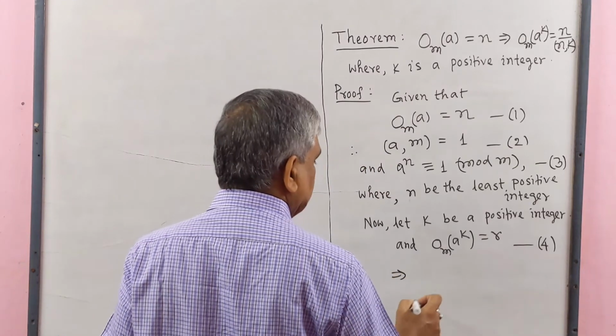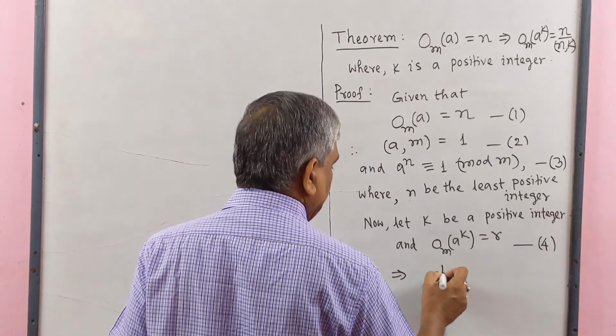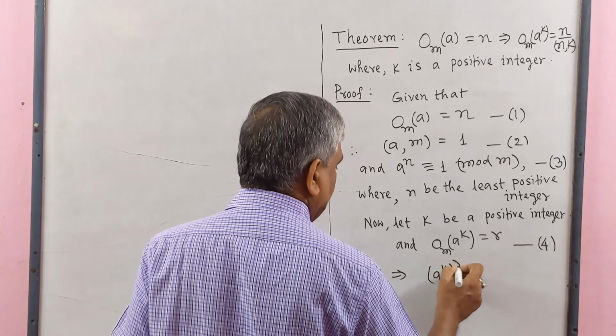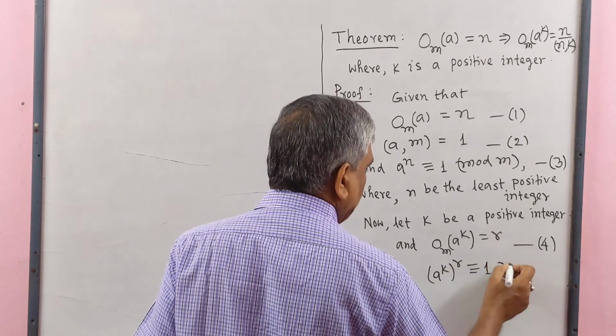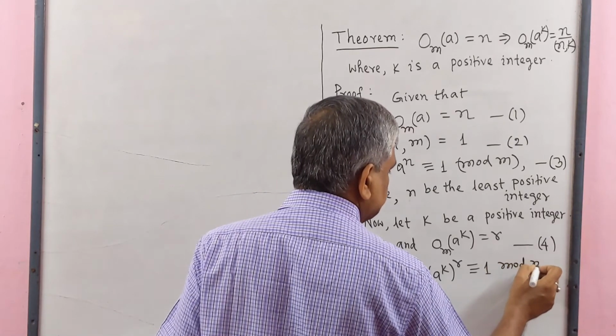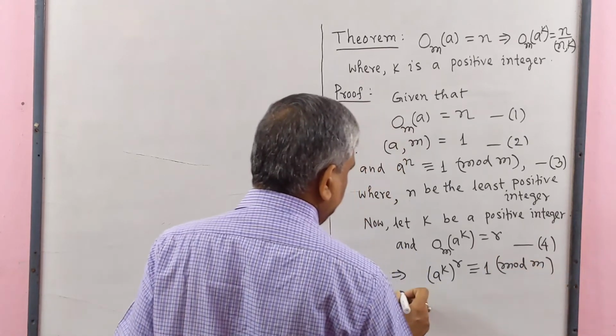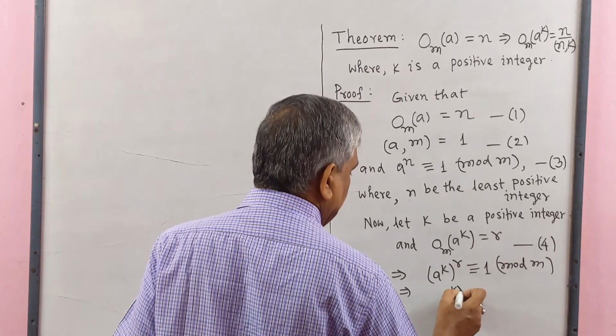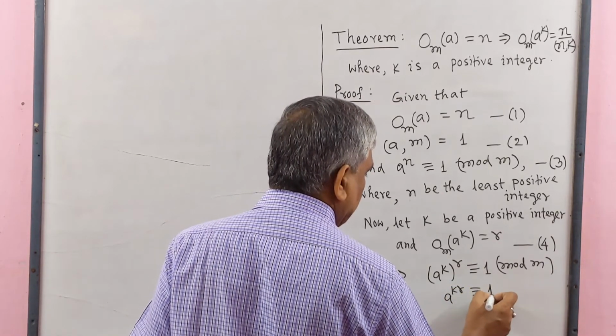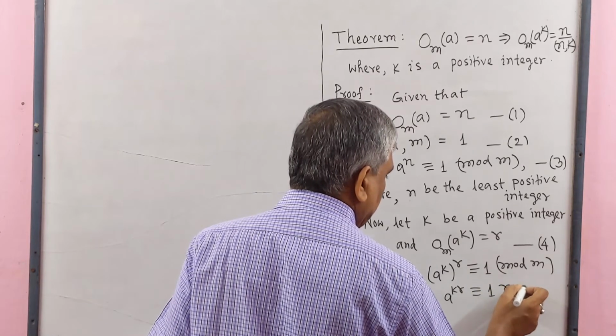Implies that a to the power k to the power r is congruent to 1 modulo m, implies that a to the power kr is congruent to 1 modulo m.